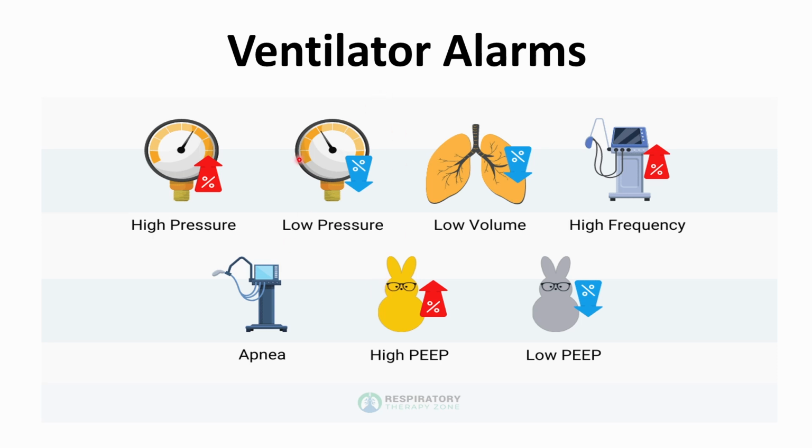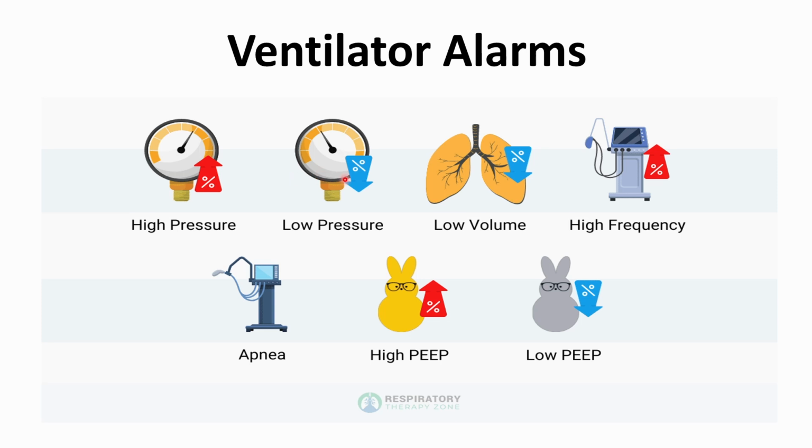Low pressure alarm when the pressure inside the circuit decreases to less than 10, and in some ventilators less than 9. And as I said, we have something named sub-ambient pressure alarm, which is a negative pressure inside the circuit, and this happens only with negative pressure applied by an active scavenging system.